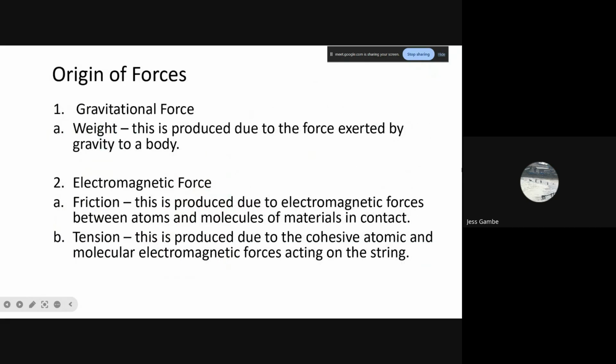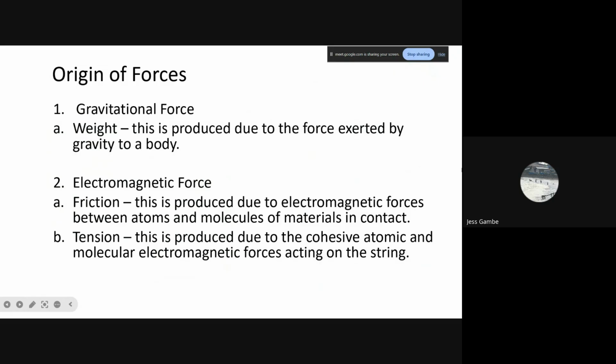Origin of forces. One is gravitational force, an example of which is weight. This is produced due to the force exerted by gravity on a body. Second is the electromagnetic force. Friction is the interaction of the molecules, so it is electromagnetic.